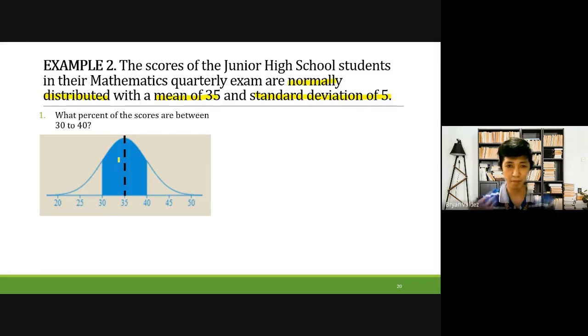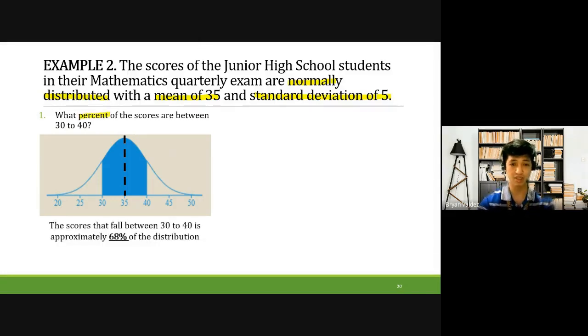So using the empirical rule, di ba, between 30 to 40, since wala naman tayong data, so we are just assuming, no, what percent. So magbe-base tayo sa sagot natin dito sa empirical rule, the scores that fall between 30 to 40 is approximately 68% of the distribution. Kasi di ba kung tatandaan natin yung pagkakahati ng ating normal curve is with percentage.